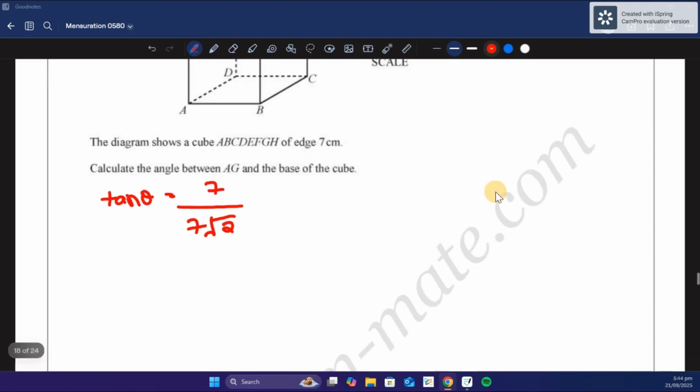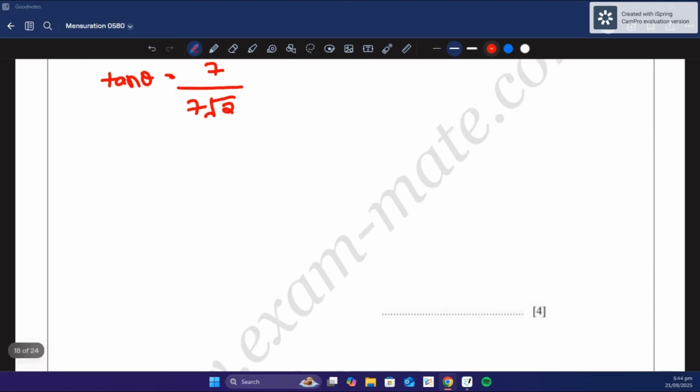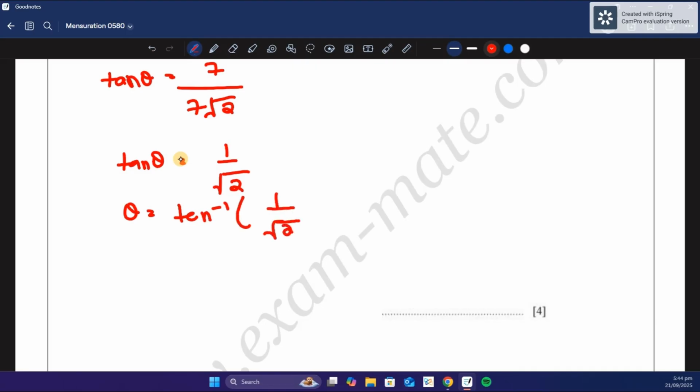Then we're going to say this equals 1 root 2, and if we take it to the other side, 1 over root 2, this would give us 35.2, and that would be our final answer, 35.2.